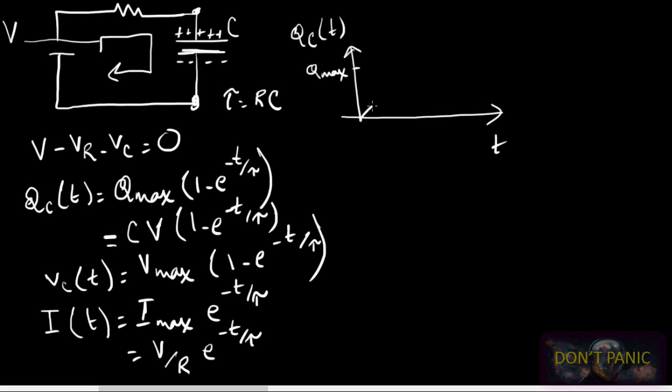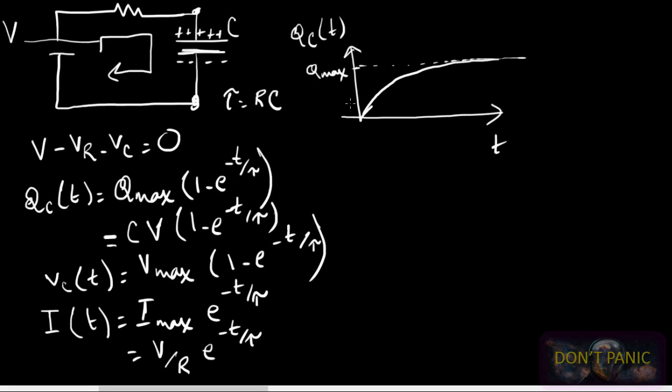So what happens is it goes up exponentially until it reaches its maximum value. The time constant determines how fast a capacitor is charging or discharging.